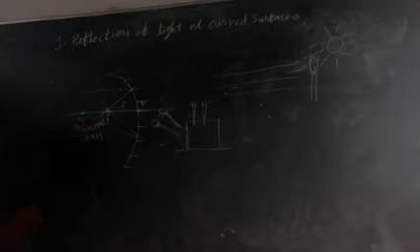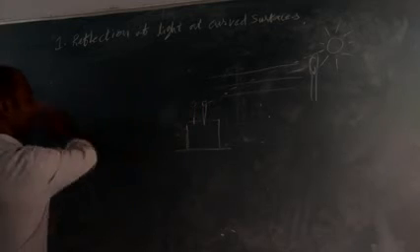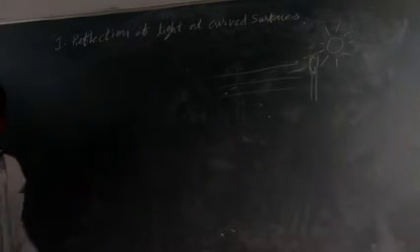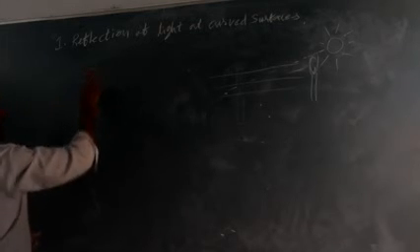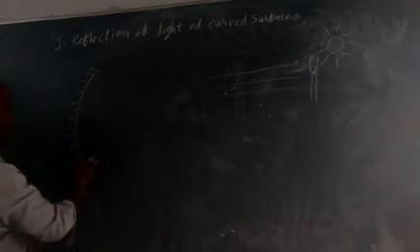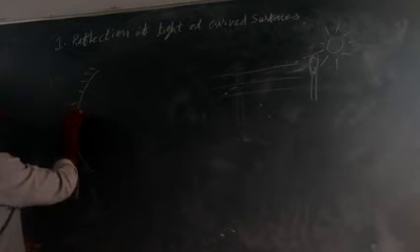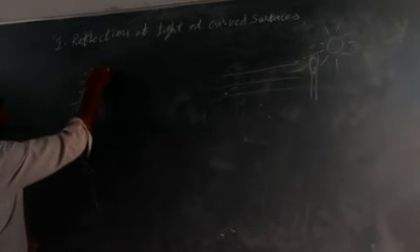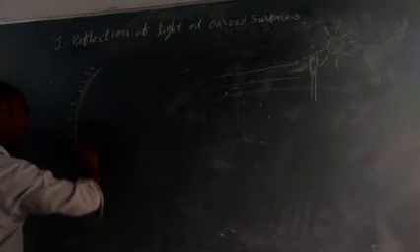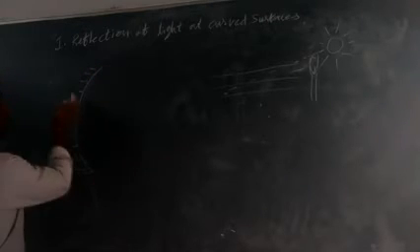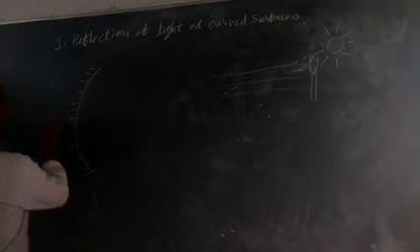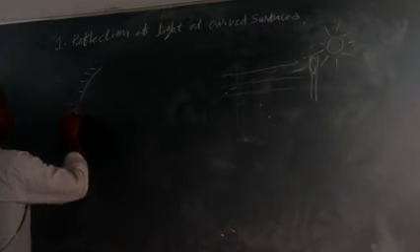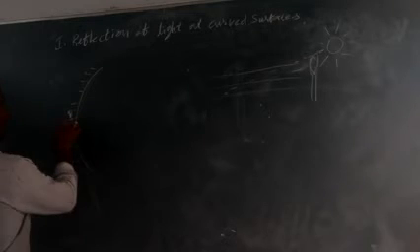For example, you are going to take a concave mirror. Inside is the reflecting polished surface, and the unreflecting surface is present outside. The midpoint of this particular mirror will be called the pole.